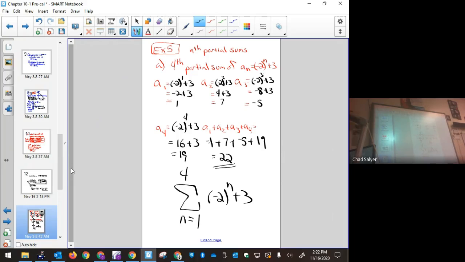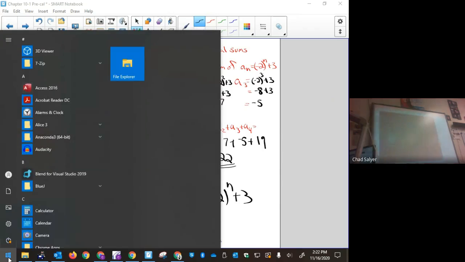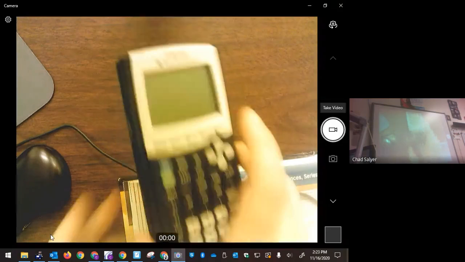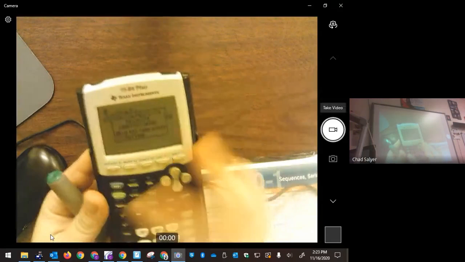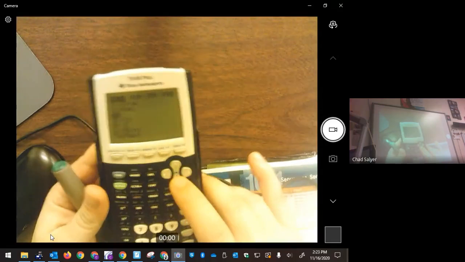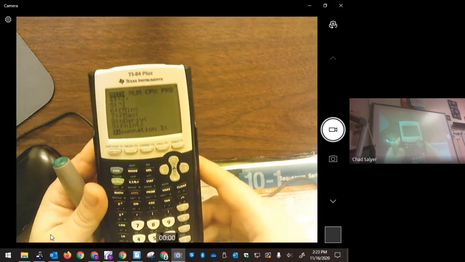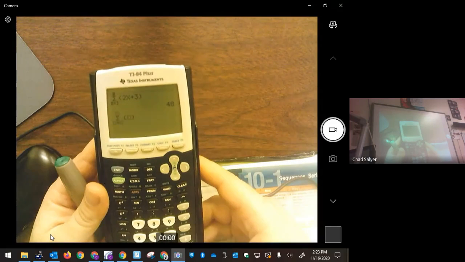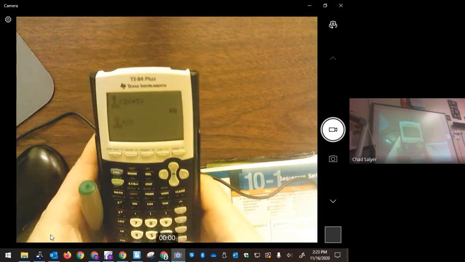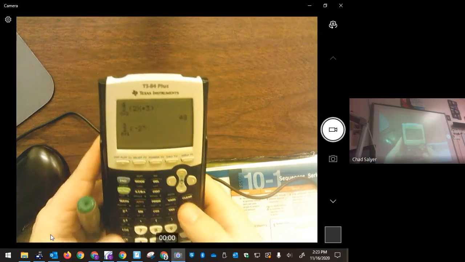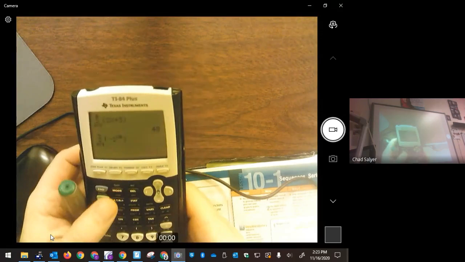So let me see if I can pull this up on my camera, and I'll show you how to do this on your calculator. There we go. Okay, so if you hit math and then navigate down, you should see summation down there at the bottom. So hit that summation, and then we're going to define this. So from, just use x from 1 to 4, and I think it was negative 2 to the x power.